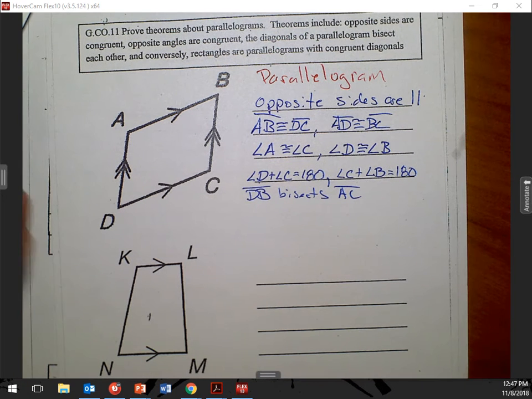But it says they bisect each other, right? On this one it says that DB is cutting AC, but if it's bisecting each other, what else can I say? AC bisects DB. There you go.